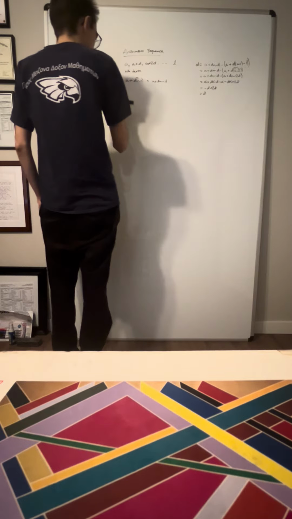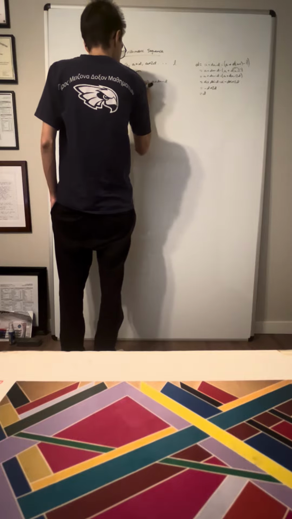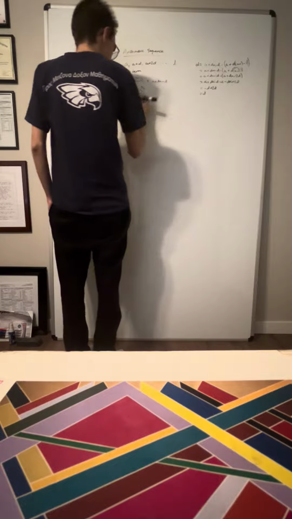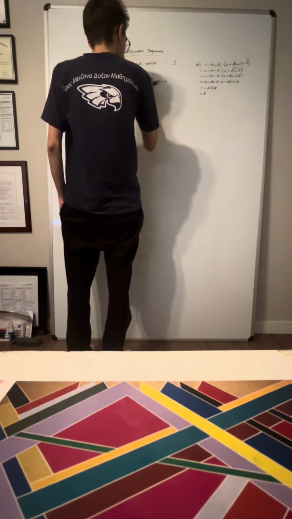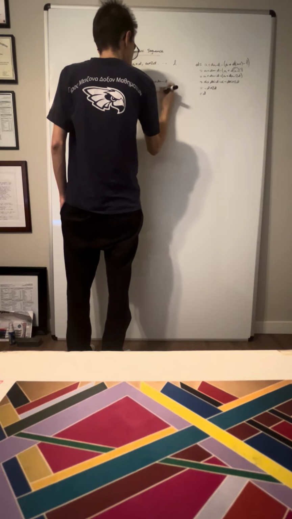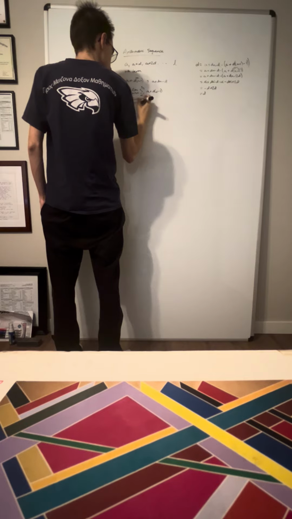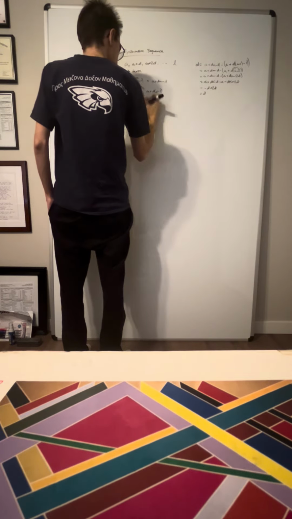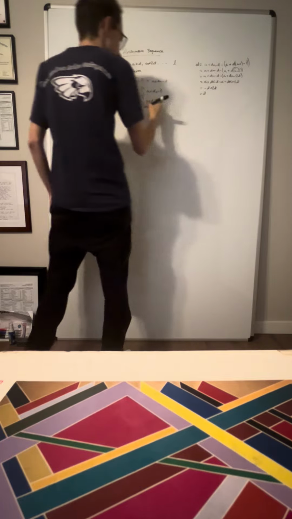So call our summation S sub n for n terms, equals the limit as n approaches an infinite amount of the summation of x equals 1 to n of a plus d times x minus 1, which can also be rewritten as limit as n approaches infinity of summation x equals 1 to n of a plus dx minus d.